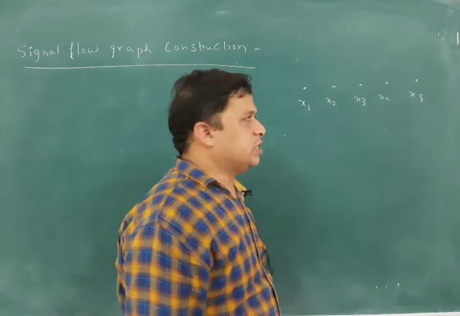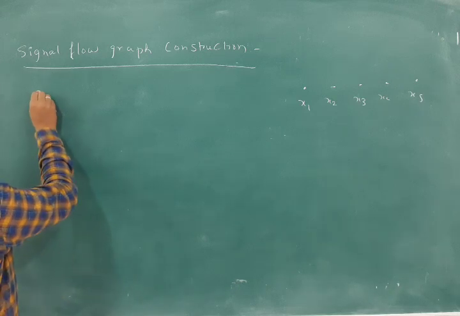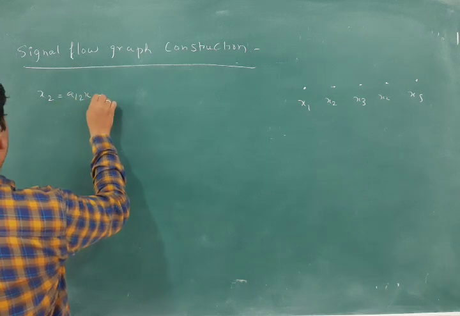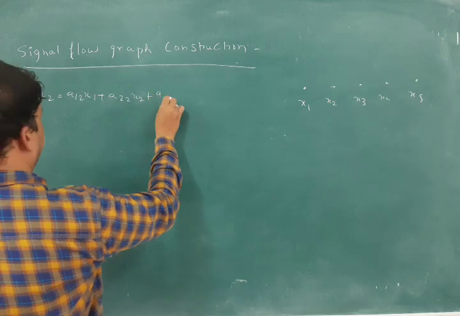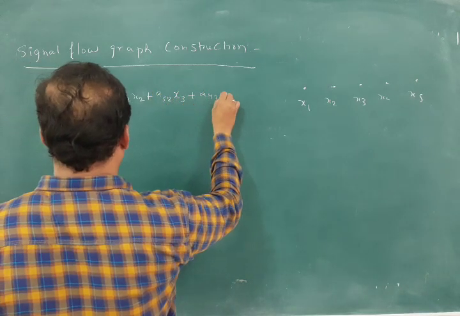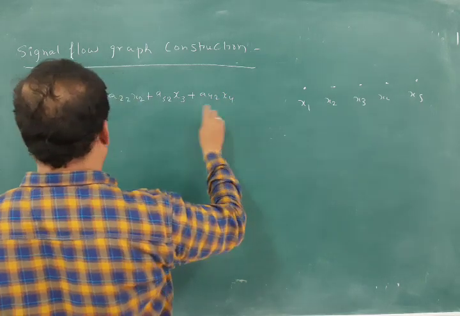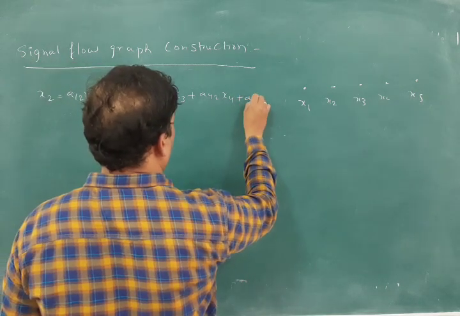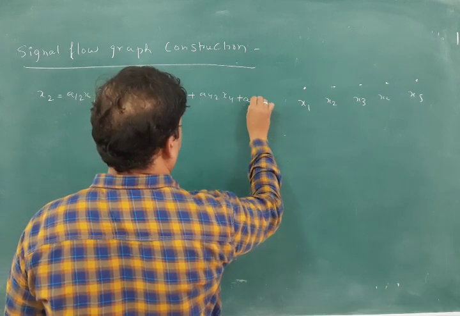Now we write some equations. The first equation is x2 equals a12 x1 plus a22 x2 plus a32 x3 plus a42 x4 plus a52 x5.